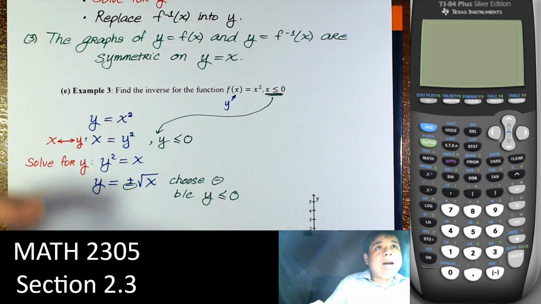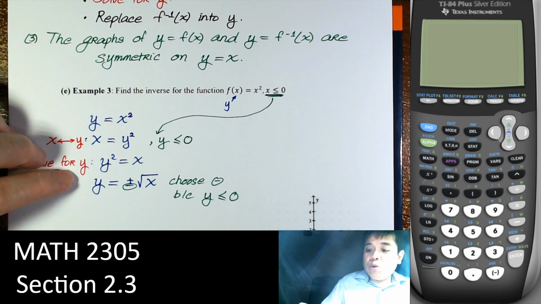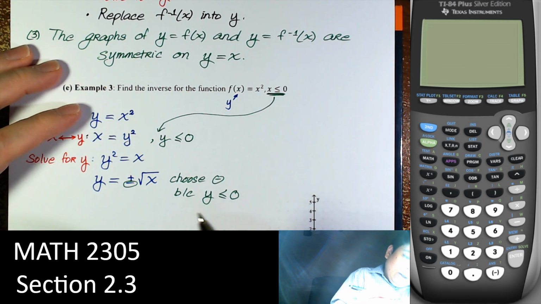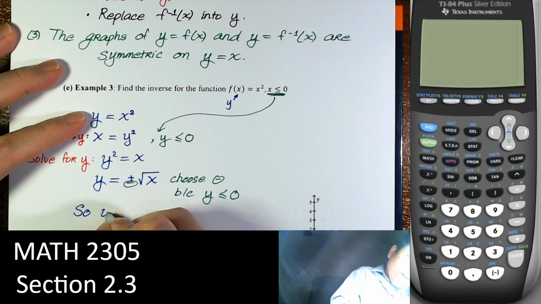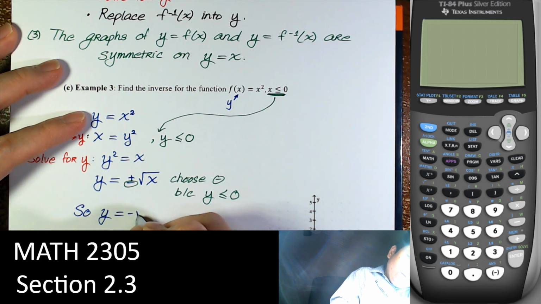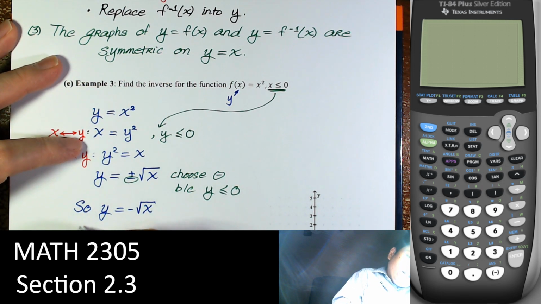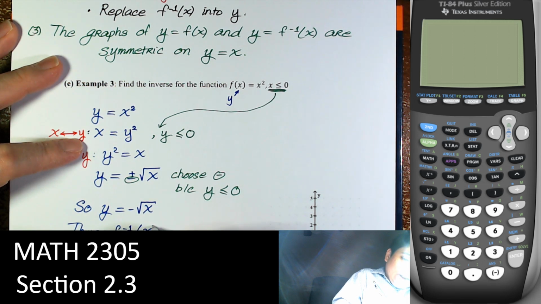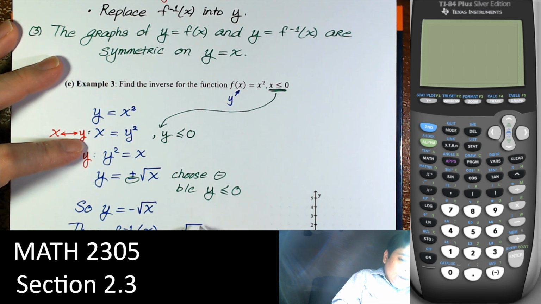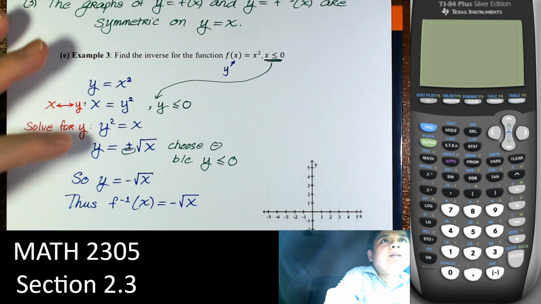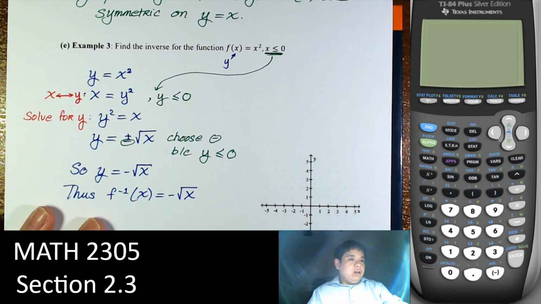So in that case we have y equals negative square root of x. And we use the proper inverse notation. There. Now, let's look at the graph.